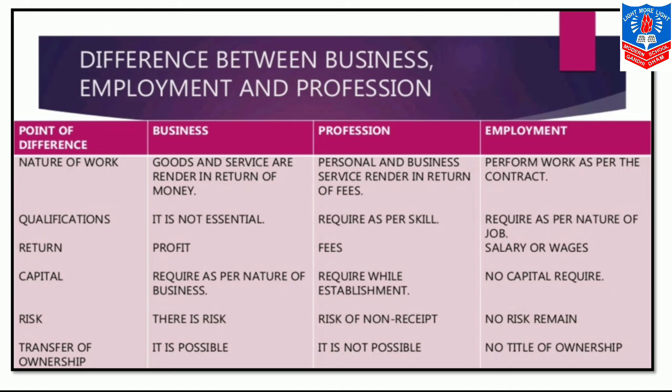In business, goods and services are supplied to the customer in exchange for money, while in profession, personal and business services are rendered with discretion in return for fees. In employment, work is performed as per the rules and contract.